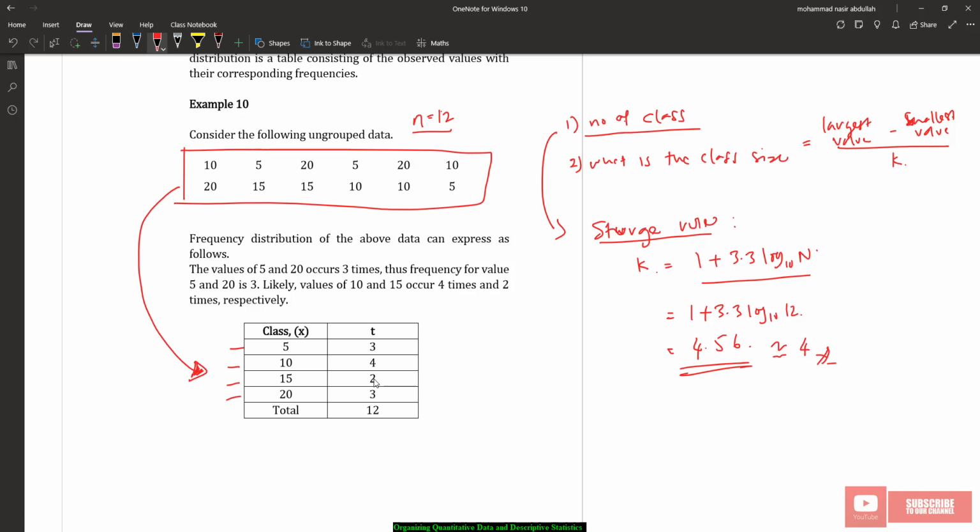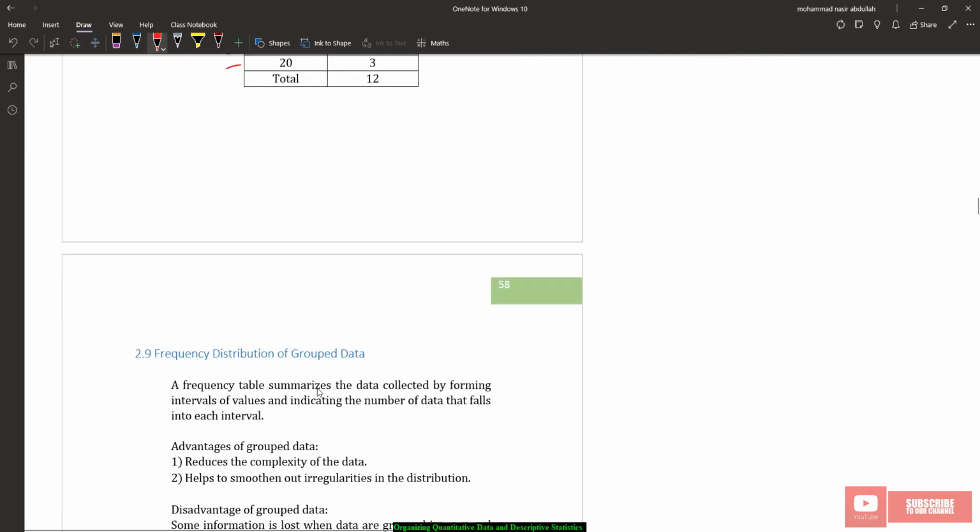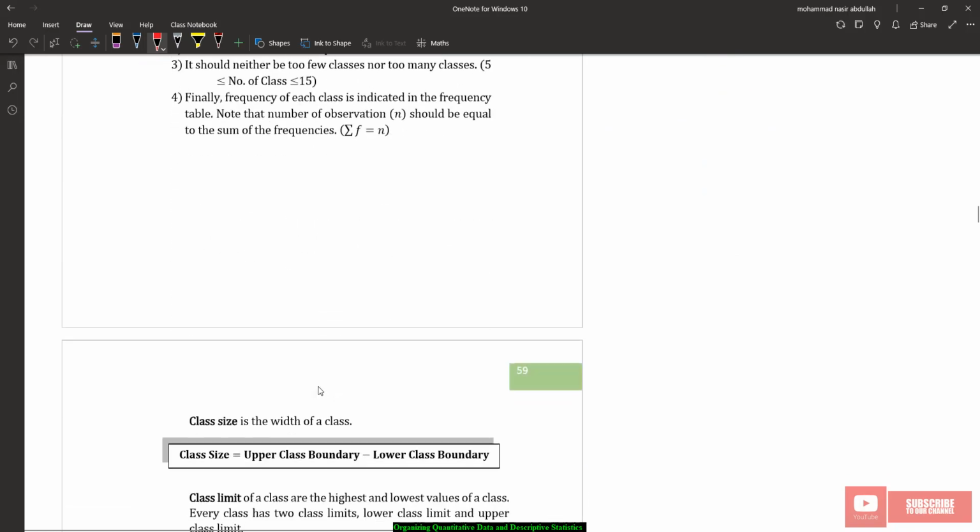You can use another one, but I strongly suggest you remember Sturges' rule, 1 plus 3.3 log base 10 of n. Once you determine the number of classes, you need to determine the class size. The class size is the largest data value minus the smallest data value divided by k. This is the formula, you just need to remember and know. That's all, no need to construct. Life is easy, right?